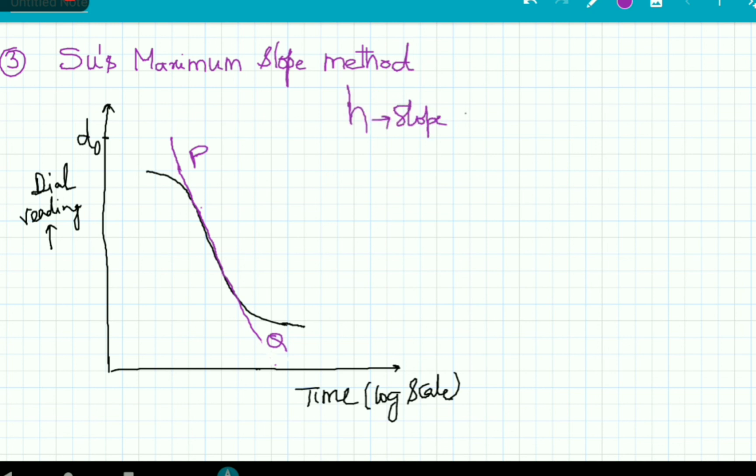Now calculate h, which is the slope of the tangent PQ, and find du, which is equal to d naught plus h divided by 0.688 into average degree of consolidation.